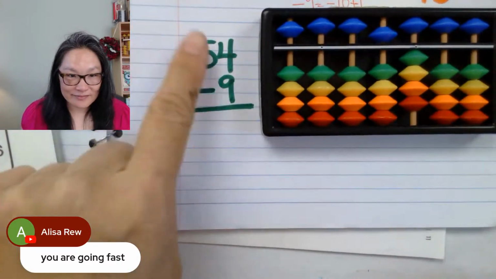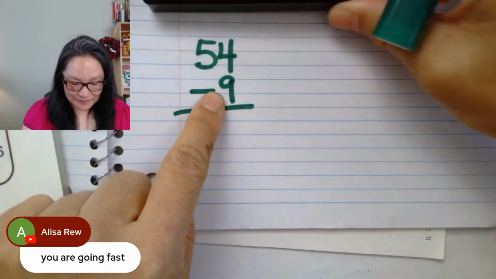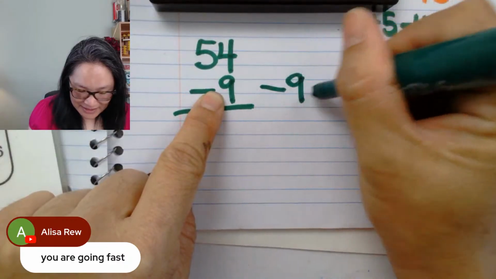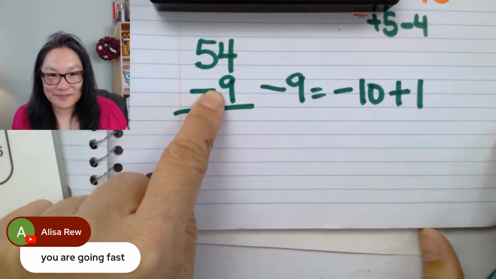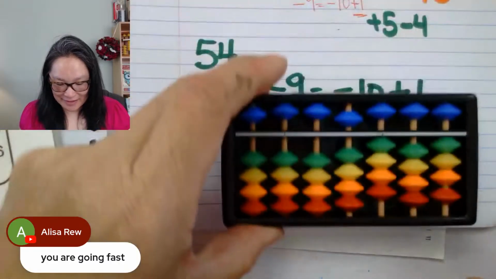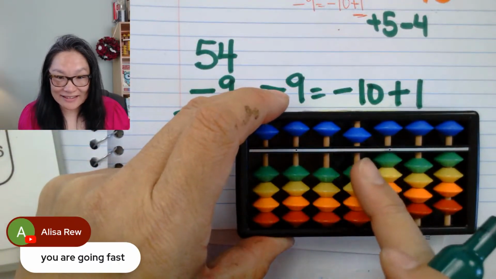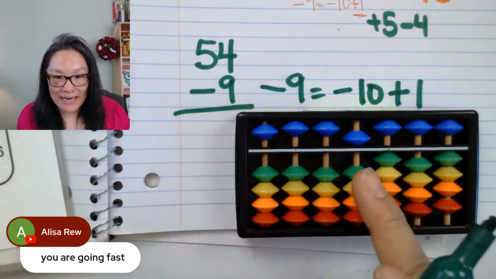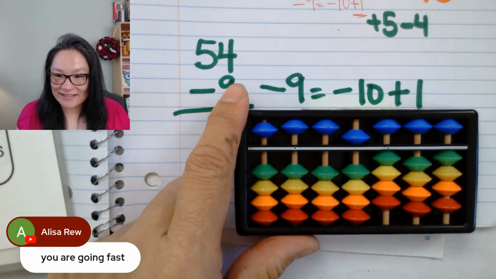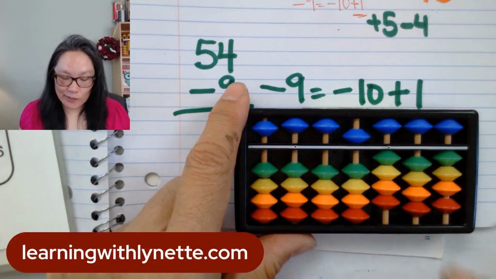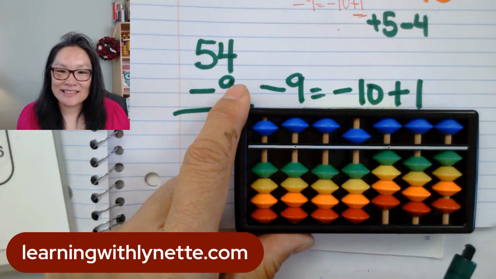We know this: minus the 9 is equal to minus the 10 plus the 1. We know we're going to minus the 10. We cannot take away the 10 here.